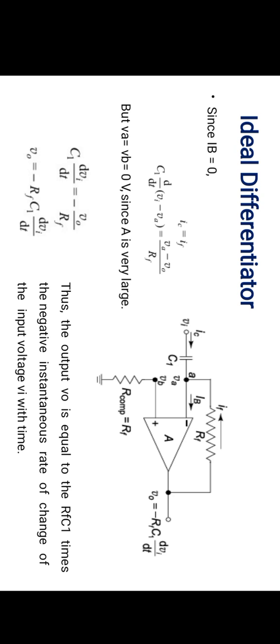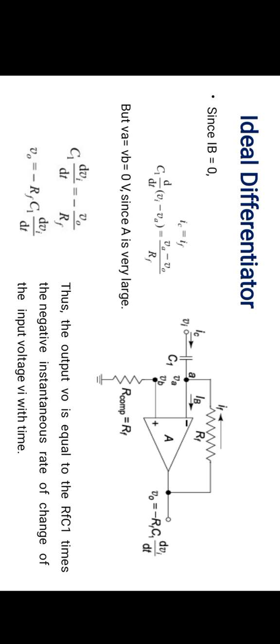But VA equal to VB equal to 0 volt since A is very large. C1 into dVi by dt equal to minus V0 by RF. V0 equal to minus RF into C1 dVi by dt.